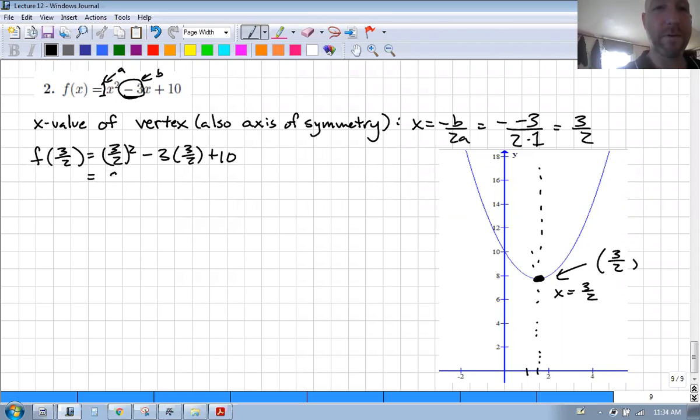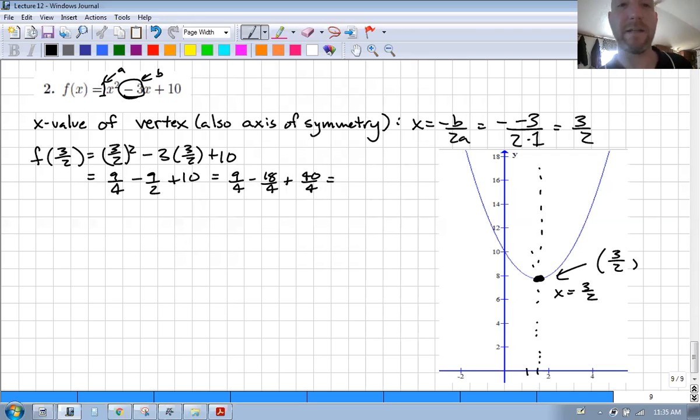If we plug that in, we have (3/2) squared minus 3 times 3/2 plus 10. So 9/4 minus 9/2 plus 10. Common denominator here. So 9 minus 18 is -9, plus 40 would be 31/4.